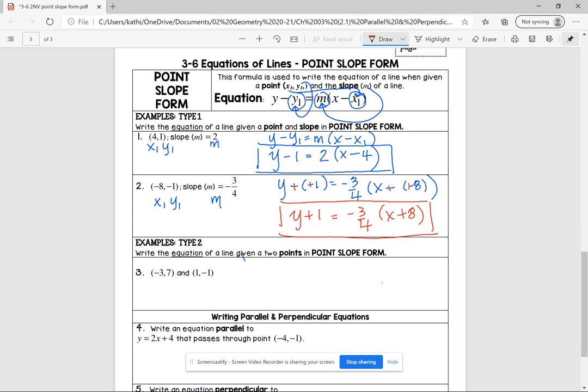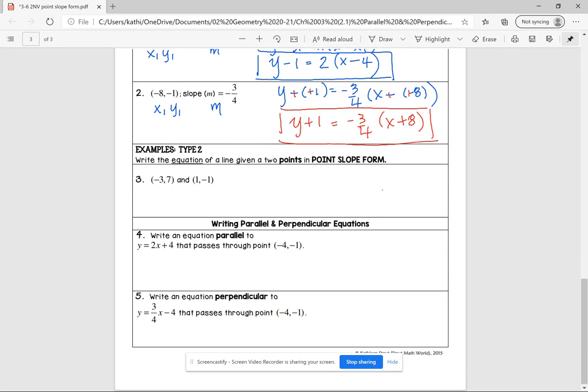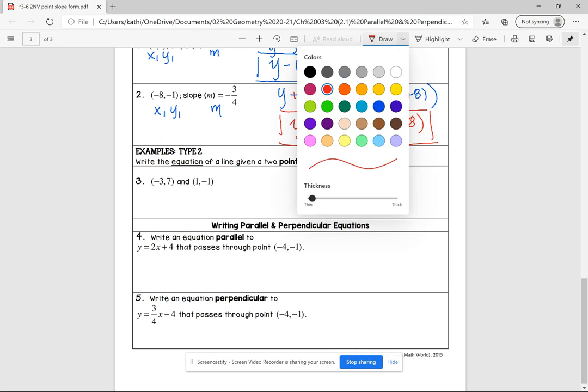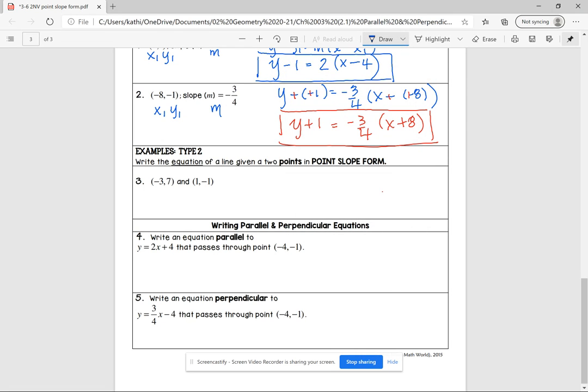Okay, let's try another type. This time I'm given 2 points. Write the equation of a line given 2 points. So I need to start by solving for slope.